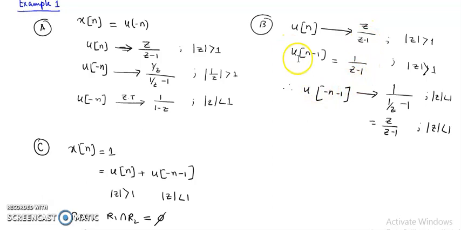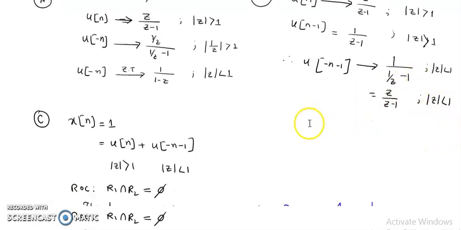Then if we fold this signal, u[-n-1], due to the folding operation we have to replace z by 1 by z here and in the ROC also. So in the ROC, 1 by z is greater than 1, or mod z less than 1. Solving this you will get z by z minus 1, and mod z less than 1 is the ROC.